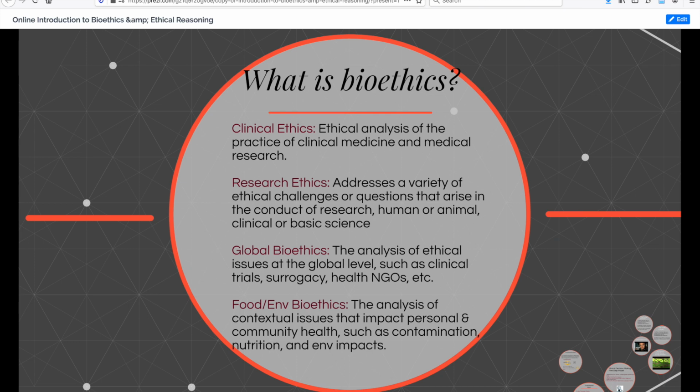And then we have, as I said, the broader category of food and environmental bioethics. And we'll be spending maybe about a week or two at the end of the semester on this particular topic. But this is the analysis of contextual issues that impact both personal and community health. So food and environmental ethics very much draws from justice frameworks.